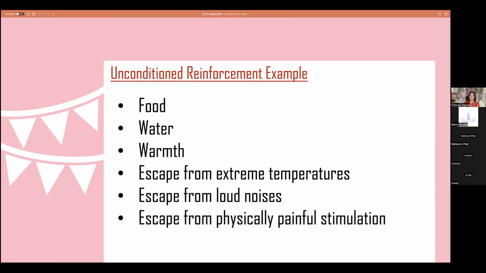Nobody had to teach us that loud noises were uncomfortable to our ears. And also nobody had to teach us how to deal with extreme temperatures. We were born and we shiver because it's cold, and our body reacts this way to all these types of stimulation. And that is why we seek a specific type of consequence or reaction or response when we're in these situations.